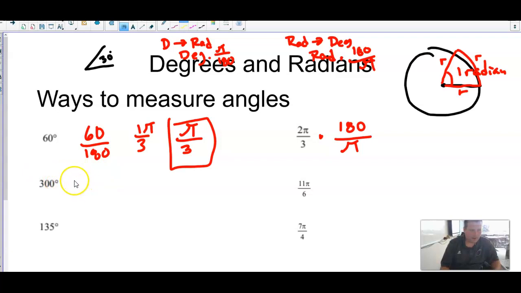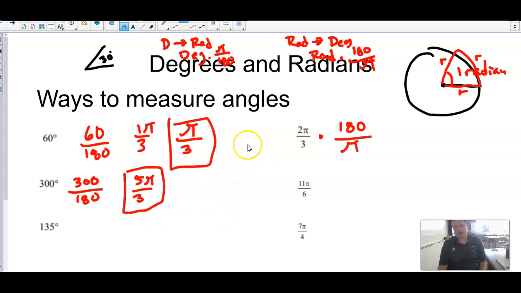Okay, if I take 300, I'd divide it by 180. Again, I would simplify that. It's going to give me 5 over 3. And then I throw that pi on the top with it, and that would be my radian measurement: 5 pi over 3. Again, don't forget pi is actually that number, 3.1415, and so on, okay?